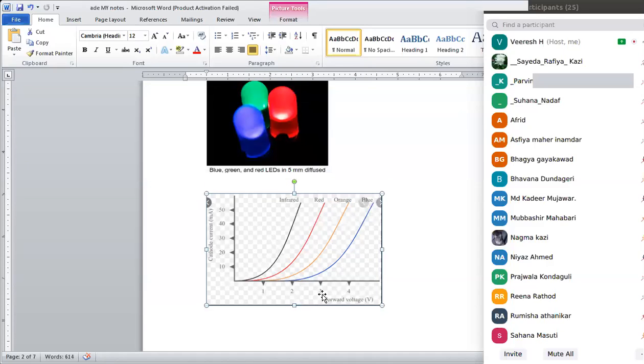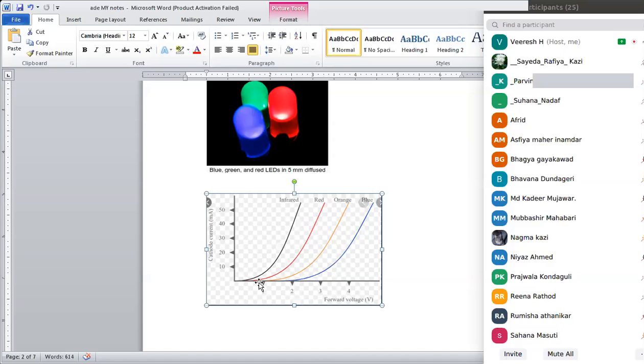Whenever a voltage is applied, say I'm applying a voltage of 1 volt, the cathode current is going to increase. If I increase the voltage, the current through the LED also increases, and for a very low voltage, it is going to generate infrared rays.